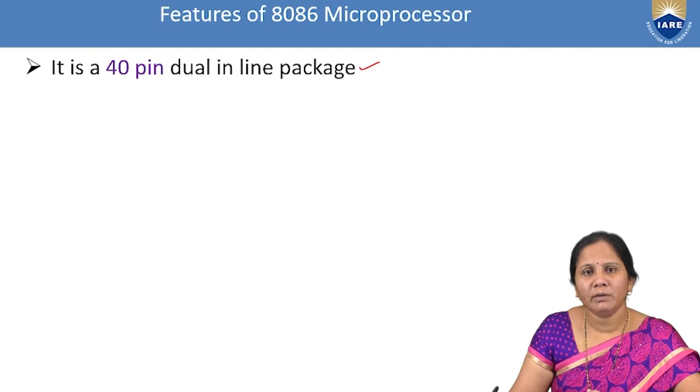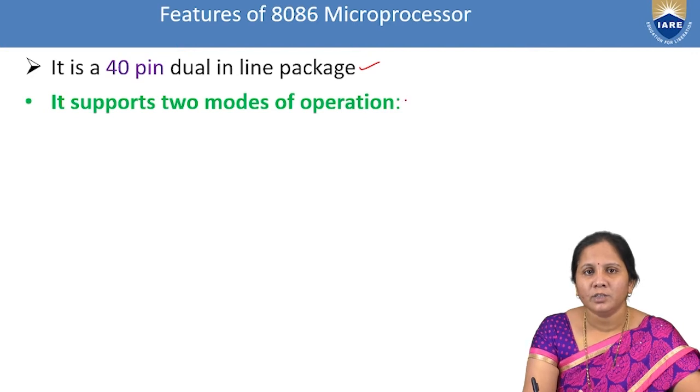Dual inline package arrangement means 20 pins are present on one side and the remaining 20 pins on the other side of the IC.